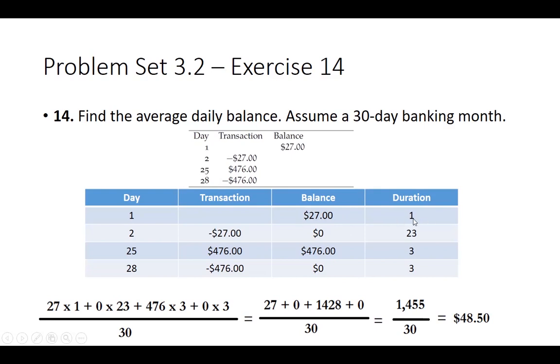Day 1 was a balance of $27, and it stayed that way for 1 day. Then on day 2, paid off that $27, leaving a balance of 0, and it stayed that way for 23 days, day 2 through day 24.